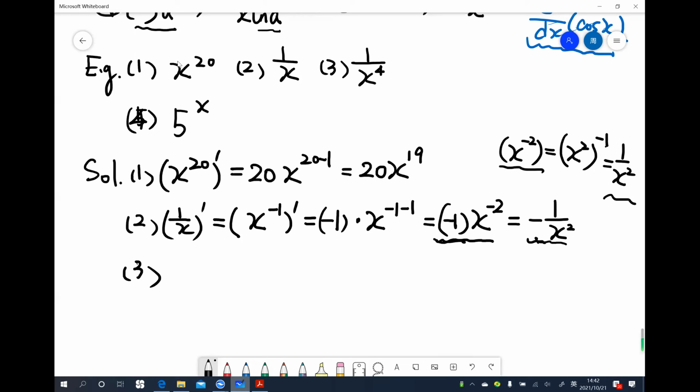And we always apply it like this one, 1 by x power 4 prime, right? Here 1 by x power 4 can be written as x power minus 4, prime.